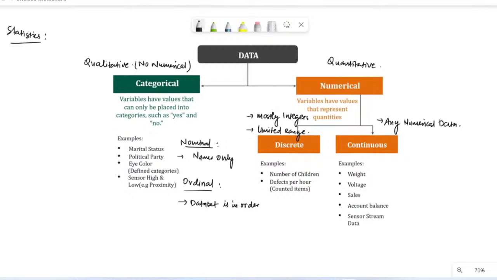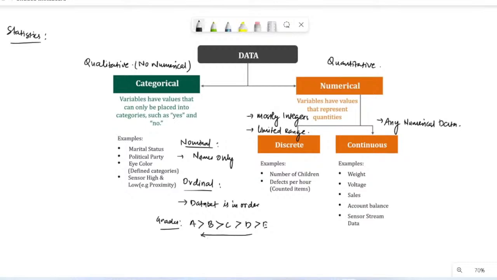But remember, if the data set is ordered, it will still be in non-numerical form. Example, grades. By looking at the grades, you can arrange the data in such a way that it can be arranged or shuffled in an order form. Correct? This could be the order.